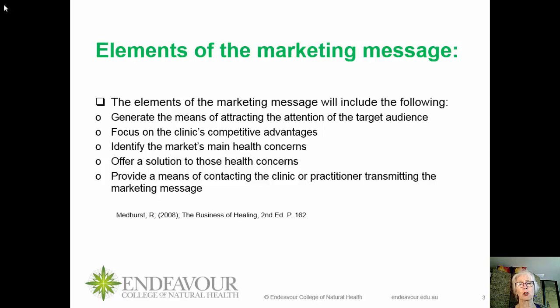Let's say it's a female client, she can't wear a skirt because every time she wears a skirt, somebody sees the big psoriasis patch on her leg. So if you use the word psoriasis in your marketing message, then that person's subconscious and conscious attention will immediately be drawn to that.